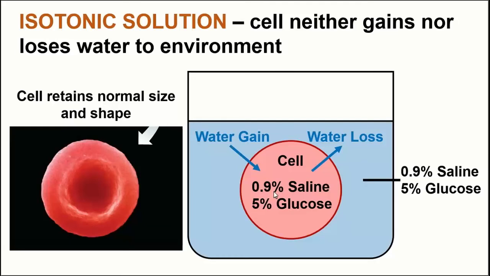So here I've given you that the cell is 0.9% saline and 5% glucose. I want you to assume that the remainder of the volume in this cell is occupied by water.